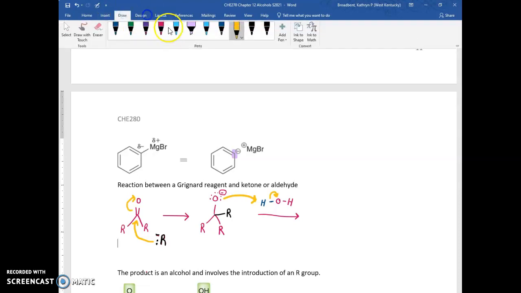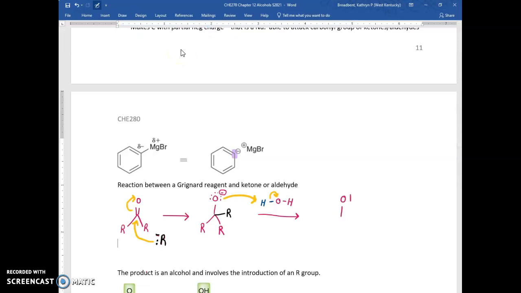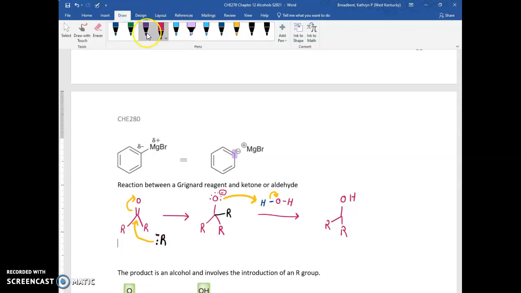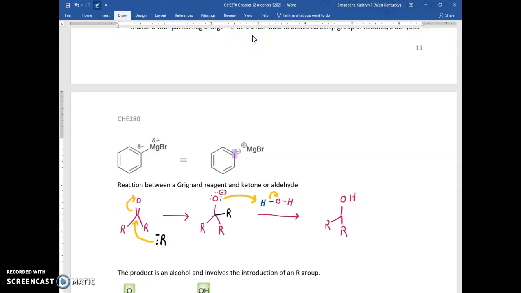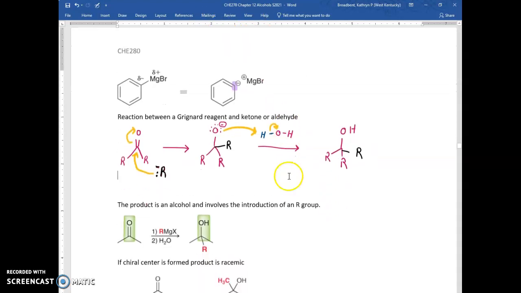And that will produce an alcohol. Our original R groups will still be here, and we have a new R group that's been added to the carbonyl carbon. Okay. So the product is an alcohol and involves the introduction of an R group.